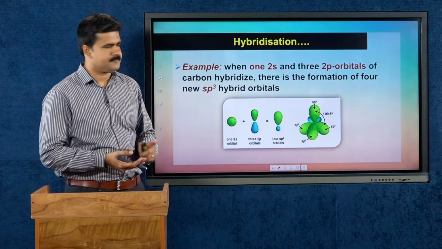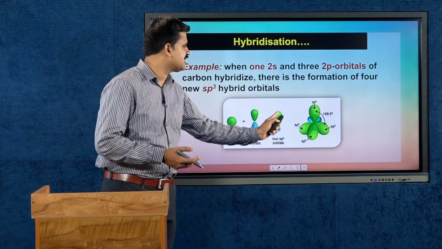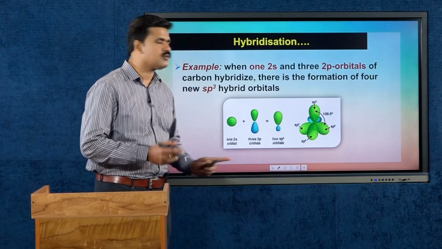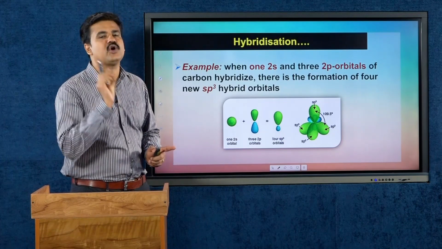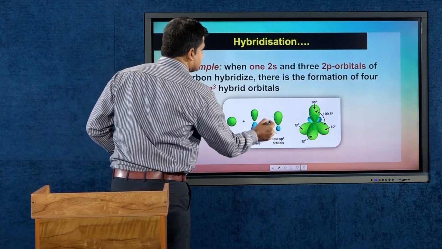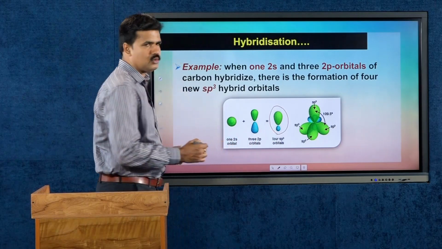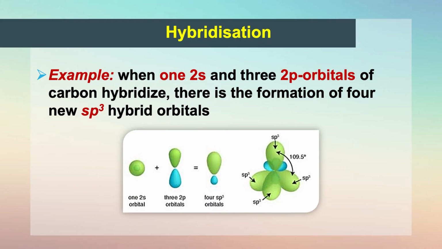mixed together. And this notation, one with a big lobe and the other part with a small lobe, represents the structure of a hybrid orbital. In sp3 hybridization, there are four such hybrid orbitals. These four hybrid orbitals are arranged towards the four corners of a tetrahedron, and that arrangement is shown on the right end.